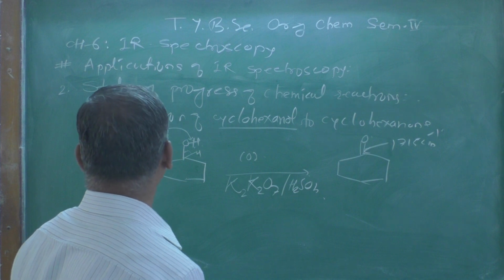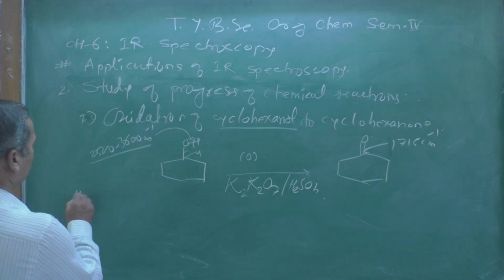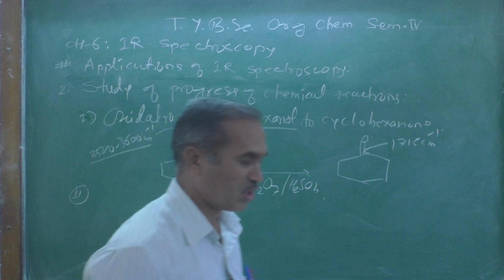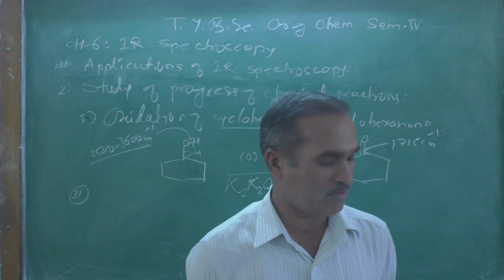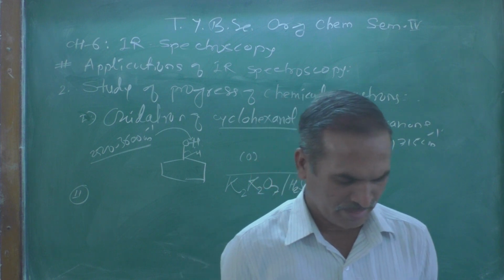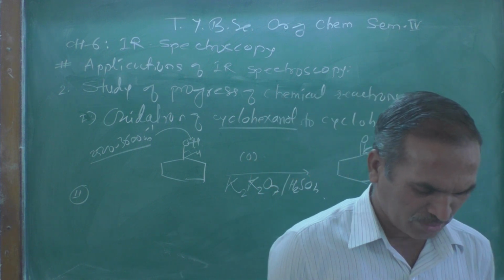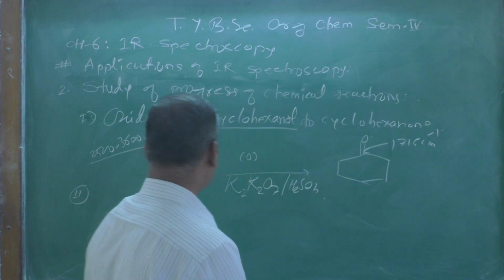Now let us see another example where we can study the progress of a chemical reaction: reduction of nitro group to amino group.